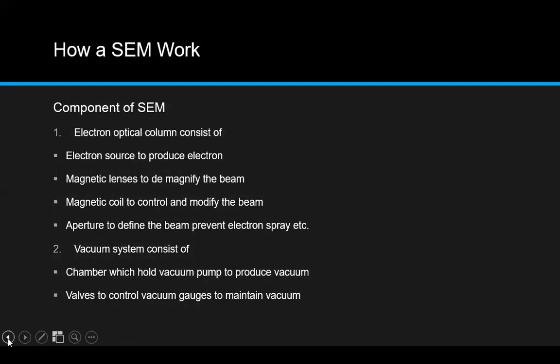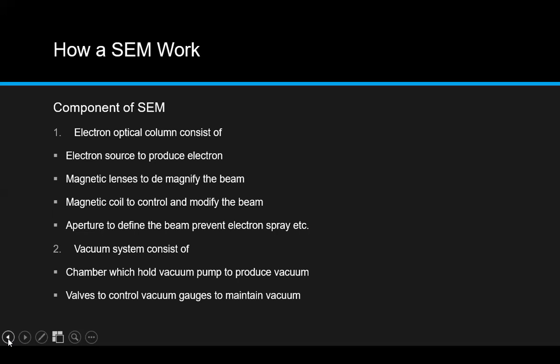The first component, the electron optical column, consists of the electron gun that produces the electrons, the magnetic lens that magnifies the beam, the magnetic coil that controls and modifies the beam, and the aperture that defines the beam and prevents the electron supply.